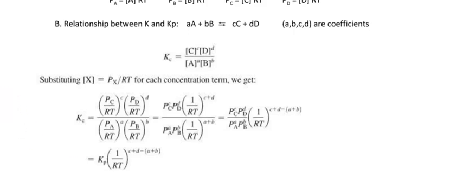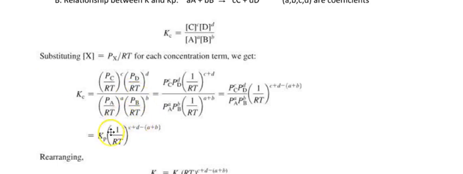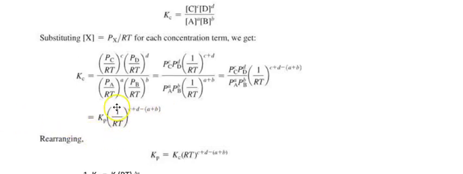So Kc is equal to Kp times 1 over RT, and then you subtract your coefficients, okay? And so rearranging it, well, why do we rearrange it? Because this is a little bit cumbersome, having this fraction here. So what if I multiply both sides by RT with its power there? Then the RT ends up on the Kc side, and there's Kp.